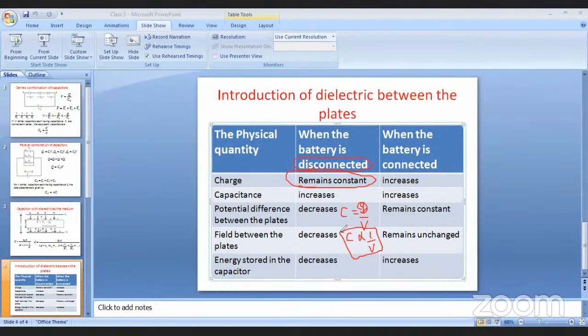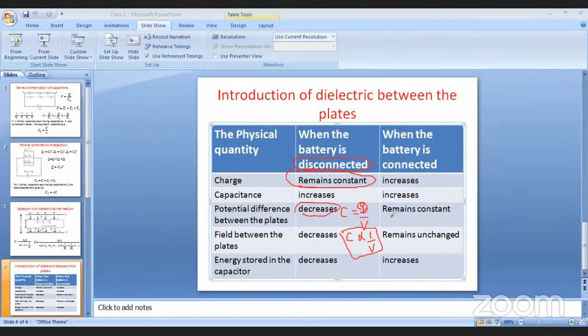The potential difference here decreases. Then what will happen to the capacitance? Automatically it increases because of the inverse proportionality relation. So that's why the capacitance value increases here.